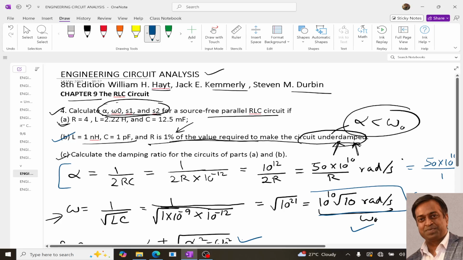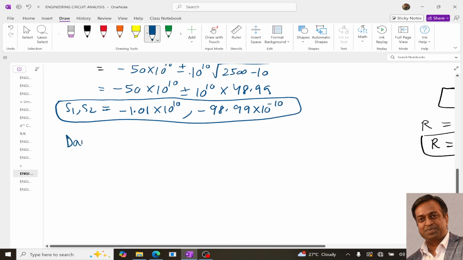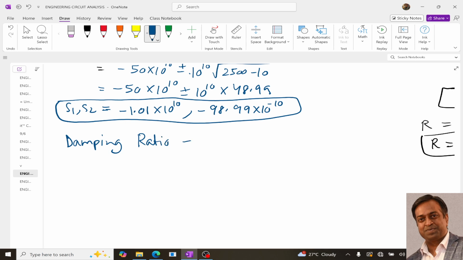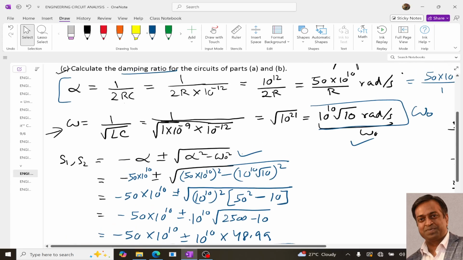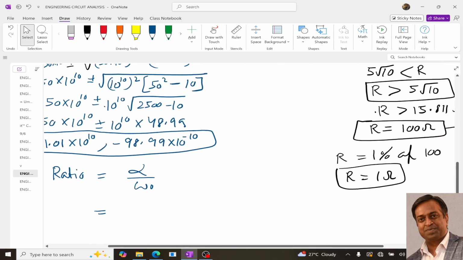Now coming to the third part, we need to determine the damping ratio. What is the damping ratio? It is defined as alpha upon omega naught. For the second case, our alpha is 5 into 10 power 11 and omega naught is 10 power 10 root 10.